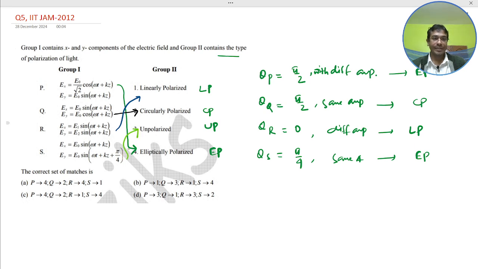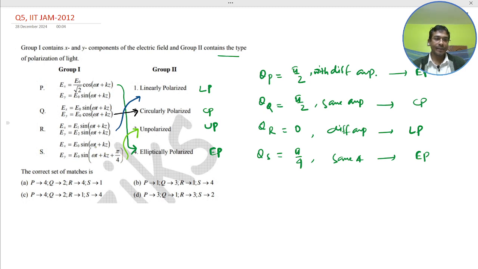This S would be this elliptical polarized. S would be the elliptical polarized and P would be the elliptical polarized, I think. C would be our correct answer.